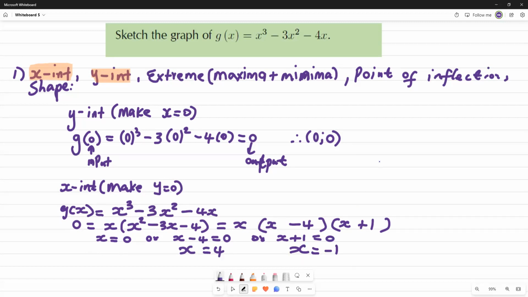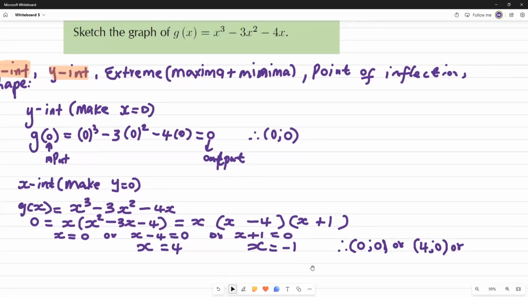Therefore, my x-intercepts are: the first is (0, 0), the second is (4, 0), and the last is (-1, 0).